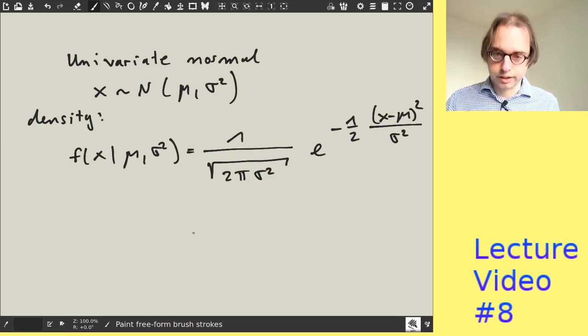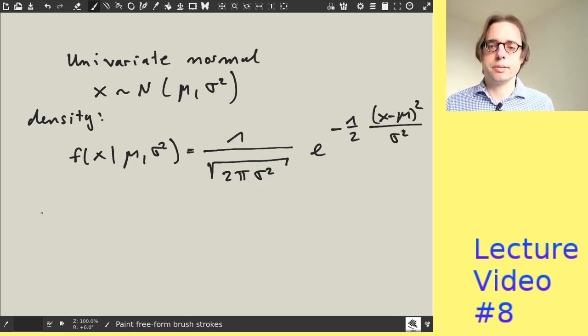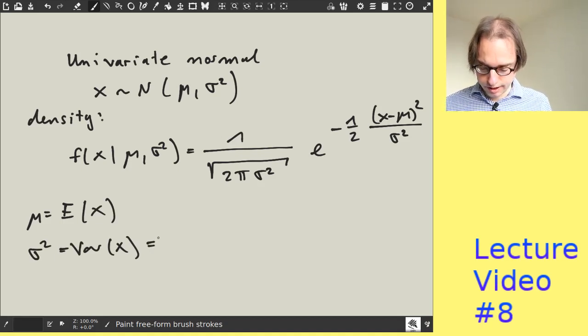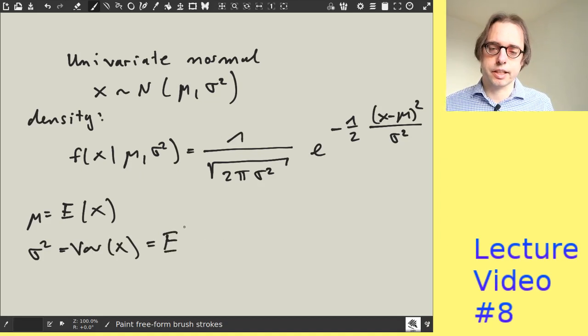And in particular, let's remind ourselves of the meaning of mu and sigma. The mu is of course the expectation of x, and sigma squared is the variance of x, and this is defined as also an expectation.